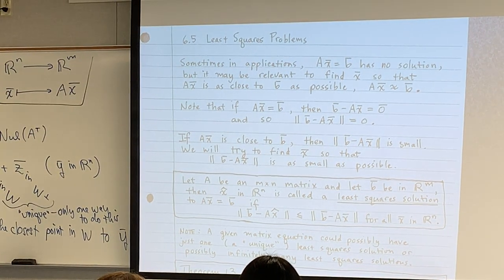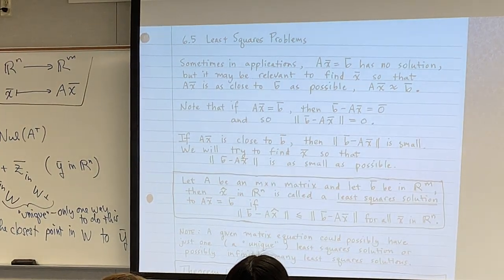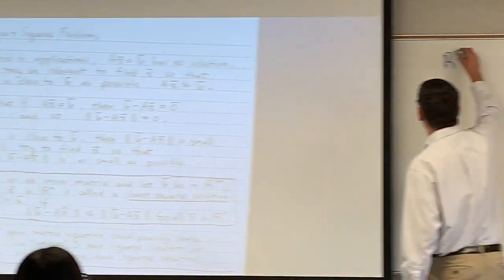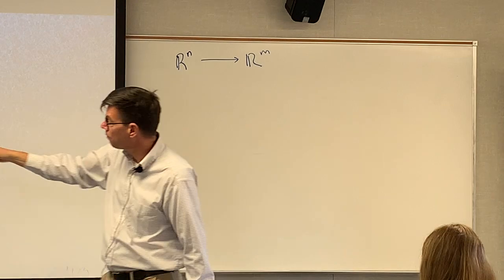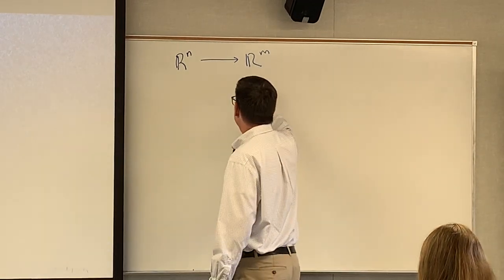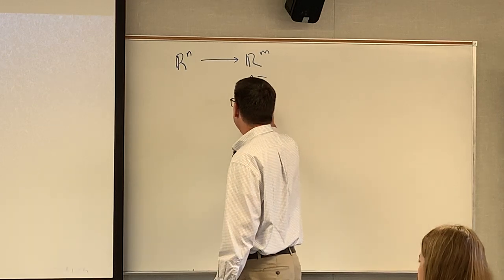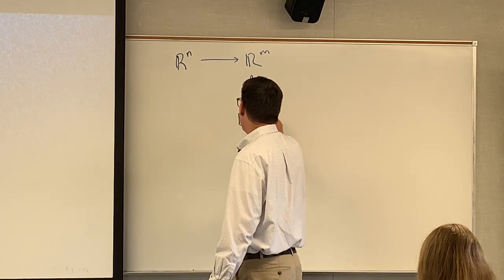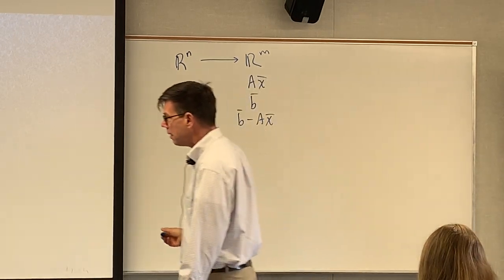Now just some more notes here. If we think of this as a transformation from Rn to Rm, of course AX is in Rm, B is in Rm, and B minus AX is also in Rm.